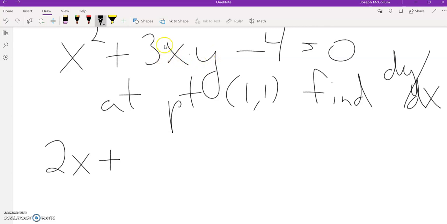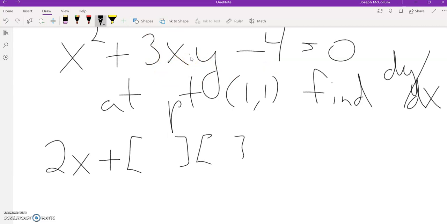Because it's 3x times another function, I have to use a product rule. As a shortcut to understand, when I have back-to-back variables, when we're doing implicit derivatives, it'll always be a product rule. So yep, you guessed it, product rule time.